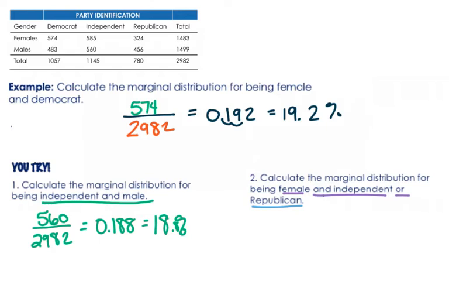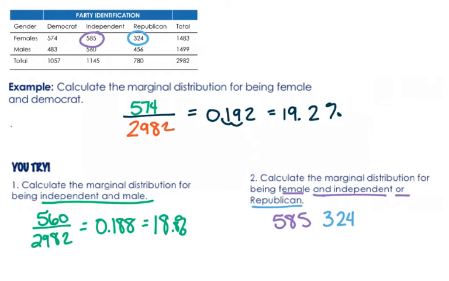Okay, so for being female and independent, there are 585 people who are female and independent. Or it says you could be Republican. So here are my female Republicans. And so sometimes it's a little hard to see what they're doing, but they're phrasing it as being female and independent or being female and Republicans.